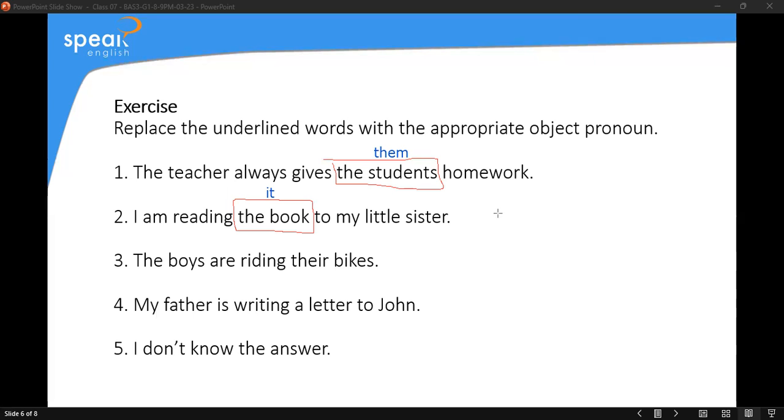Okay, so let's do it together. No problem. We are going to do it as a class. Can you just read the sentence? Danny, can you read the sentence?